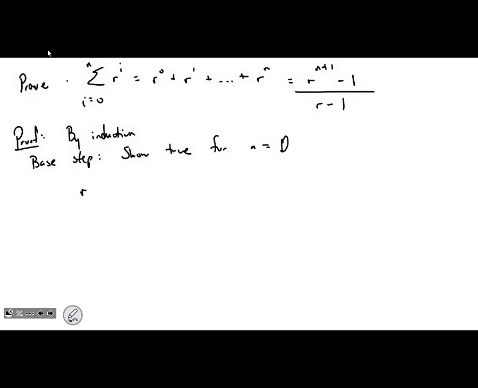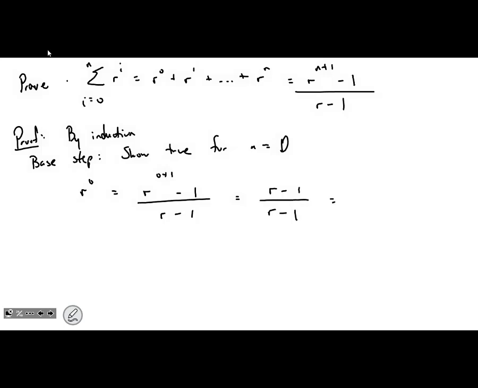So r to the 0 is equal to r to the 0 plus 1 minus 1 over r minus 1. 0 plus 1 is 1, so this would be r to the 1 minus 1 over r minus 1.